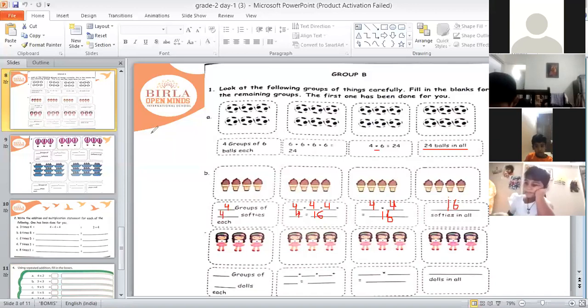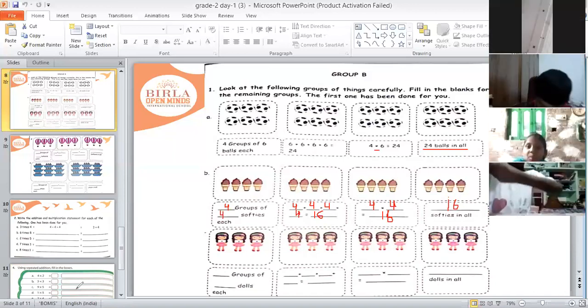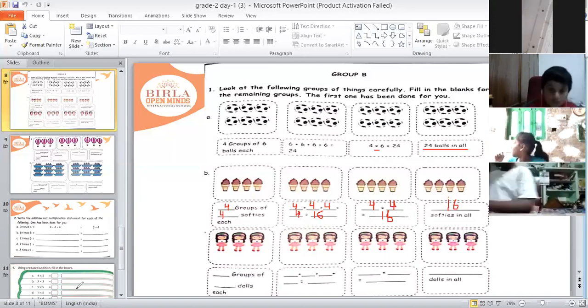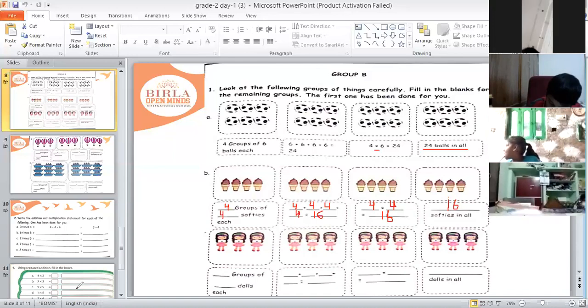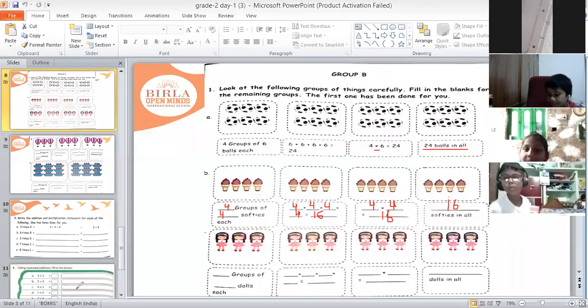Now, next. You dolls are there. You have to first tell how many groups are there. Kushal, you tell me how many groups are there? 4 groups, ma'am.